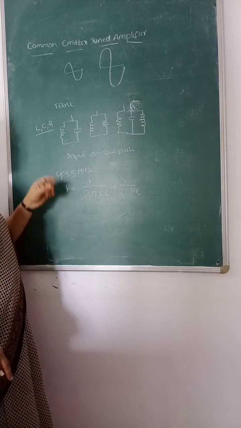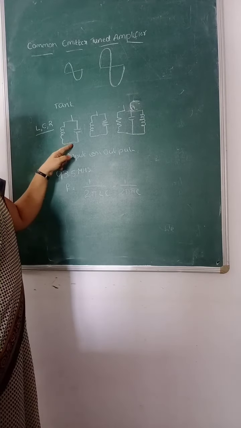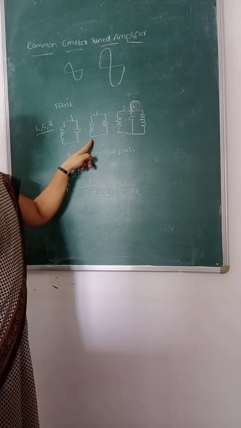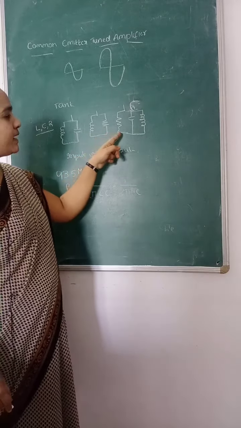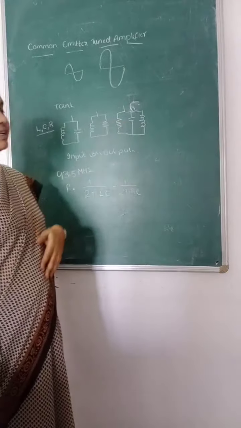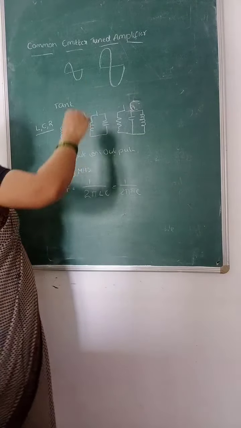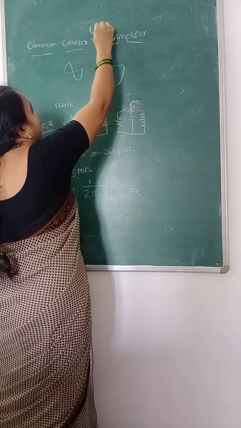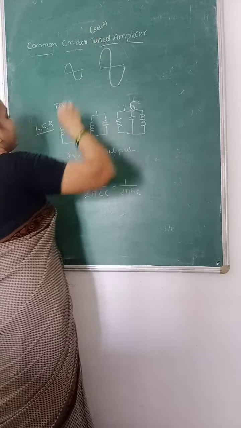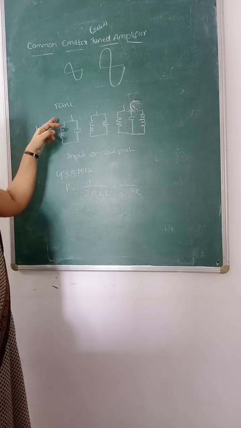This combination of inductance and capacitance, or inductance and resistance, or inductance, capacitance and resistance, is called a tank circuit. So a tuned amplifier will select a particular frequency by using this tank circuit.